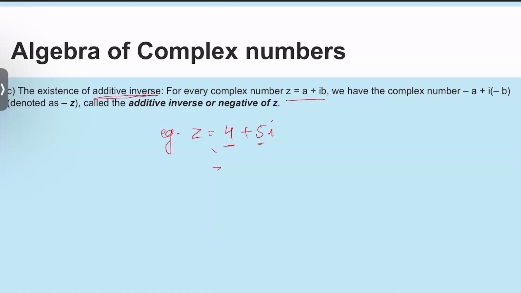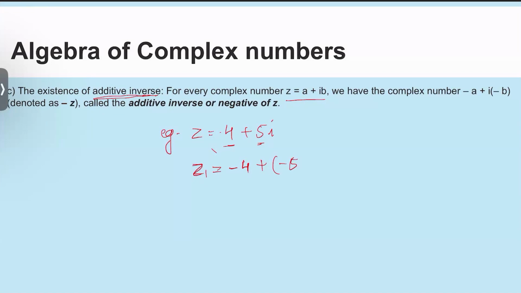So suppose you have z1. You add the minus sign to 4 as well as 5, and you keep the operator between the two parts.